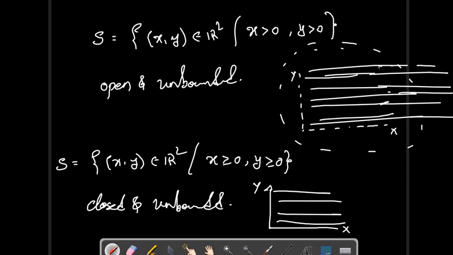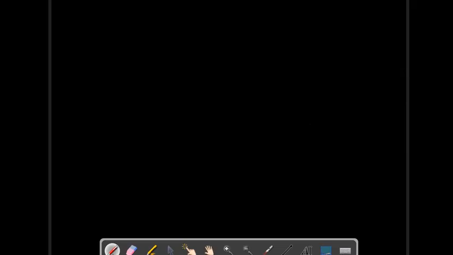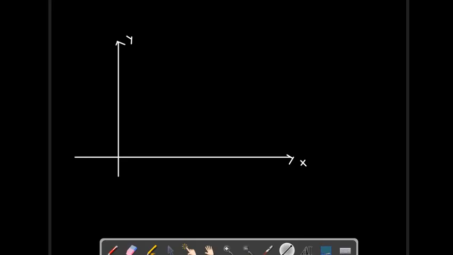So now let me go to the epsilon delta definition of limit. Here, in the two variable case, assume that you have the xy plane, and assume that this is the function y equal to f of x.